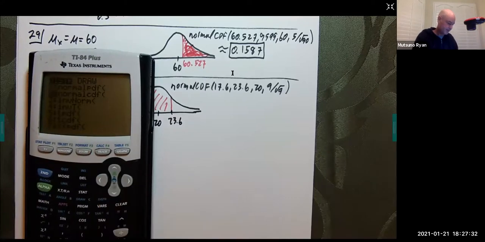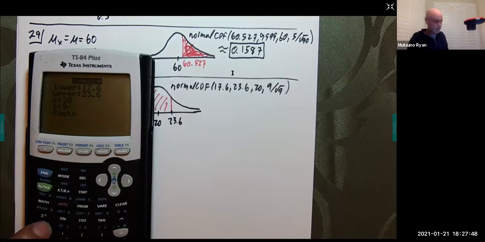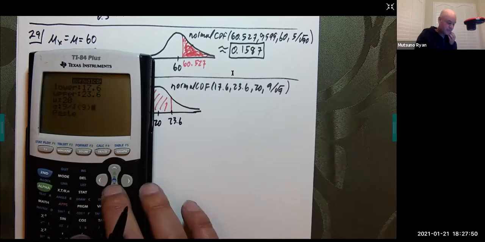Normal CDF, lower is 17.6, upper is 23.6. The mean is 20. Standard deviation is going to be 9 divided by the square root of 9. And this one's not hard. You could actually calculate that one.